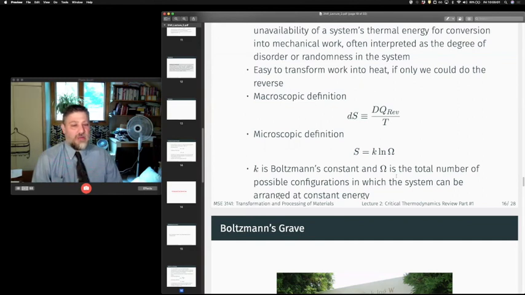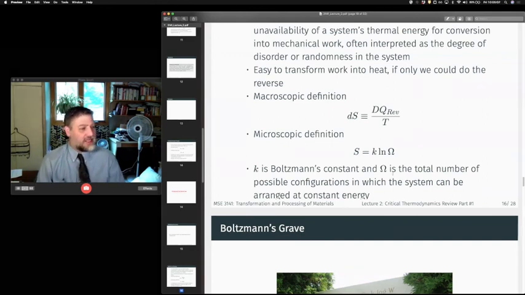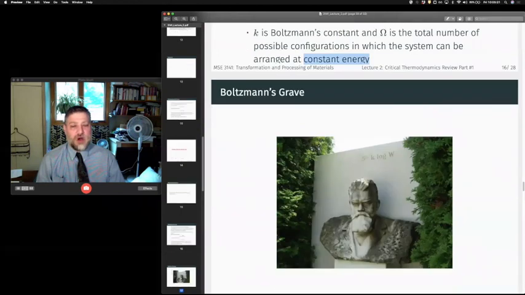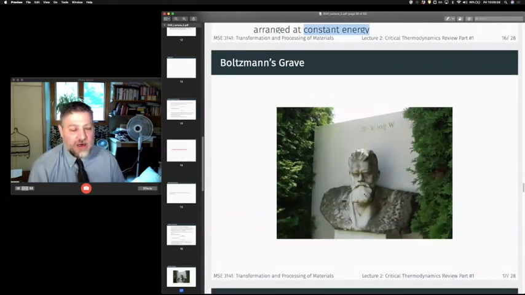Where omega is the total number of possible configurations of the system. We're going to talk about what this omega means in just a little bit, right? But the condition here is, what are the possible configurations at constant energy, right?